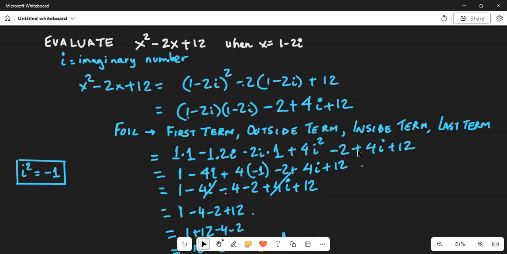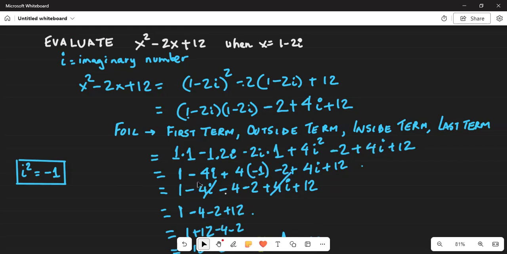And we will keep minus 2 plus 4i plus 12. So we have 1 times 1 and minus 2i, both are negative. So we add them. Minus 2i added to minus 2i is minus 4i, and then plus 4. For i squared, I write minus 1. Minus 2 plus 4i plus 12.